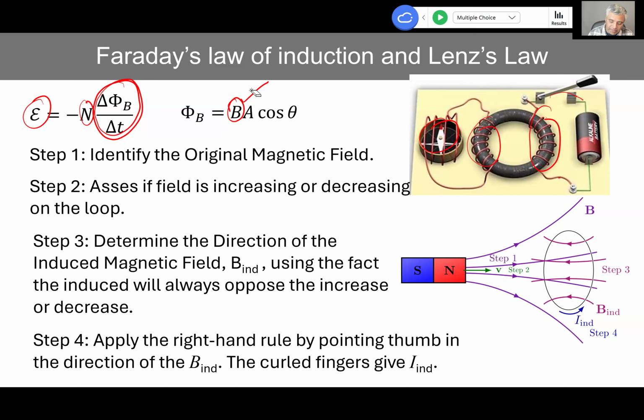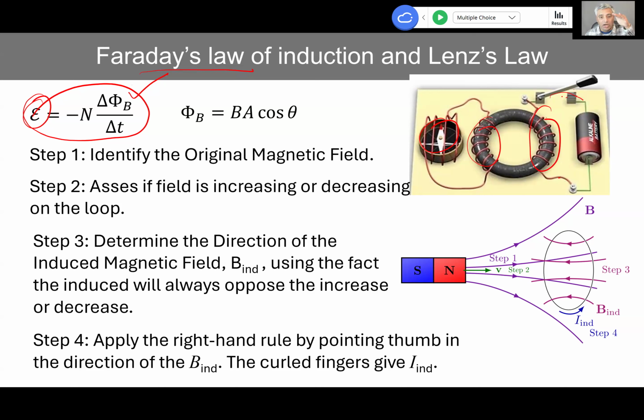But for a fixed current, there is going to be a fixed magnetic field, so that means fixed flux. Flux is not changing. But according to Faraday's law, the EMF is induced only when flux is changing. So in this example, flux changes only when the switch is either turning on or off for that brief moment.